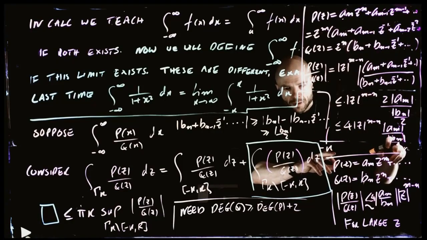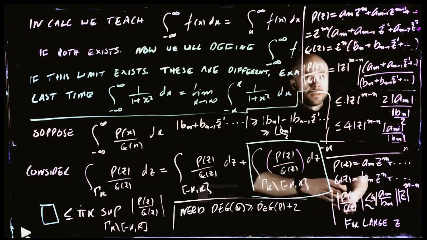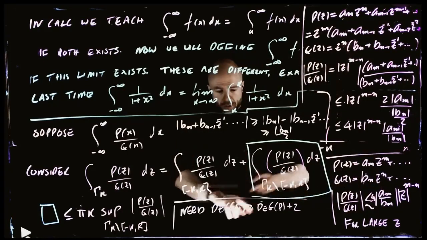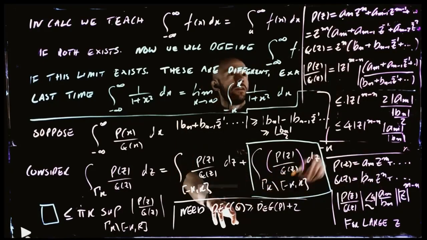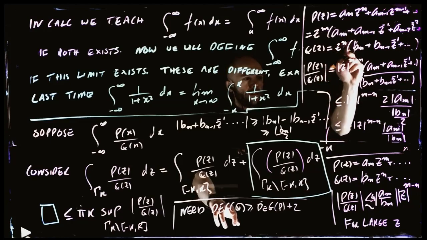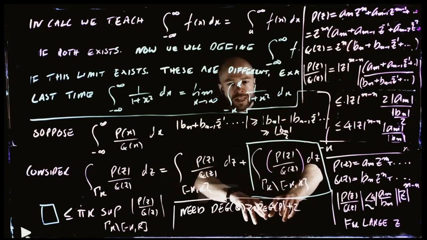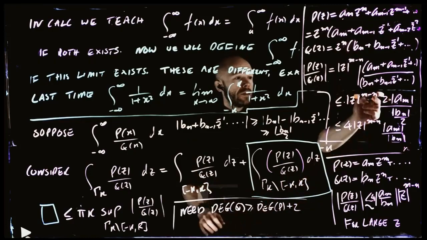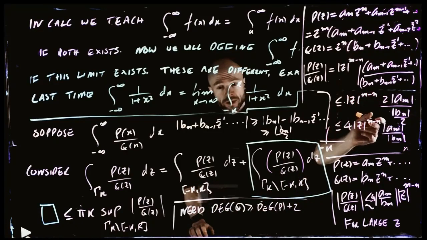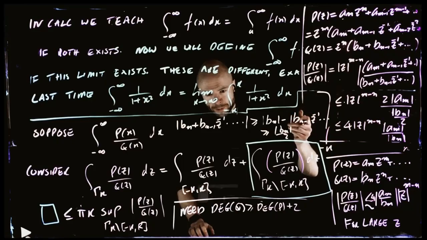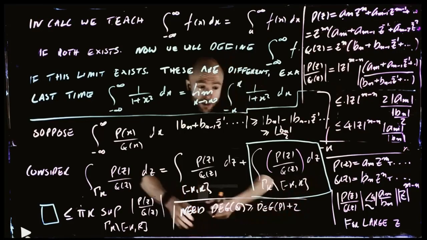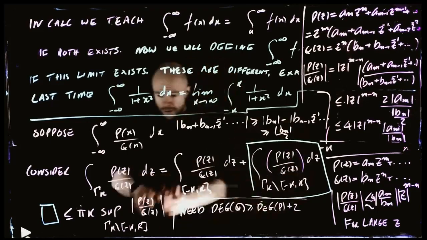And our assumption is that the degree of q, which is this n, is the degree of p, which is this m, plus at least 2. So then this exponent here is at most minus 2, and that's what we need in order to take the absolute value of this thing right here.